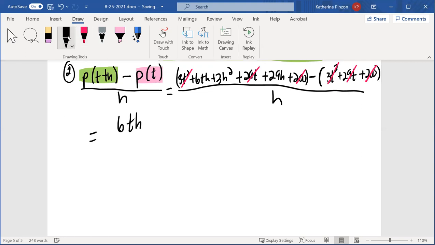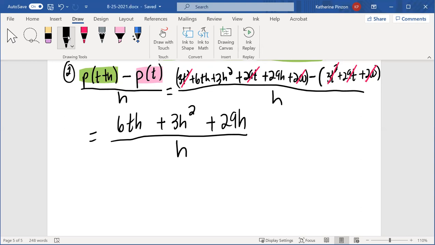So I have 6th, 3h squared, 29h. What do you think I should do now?